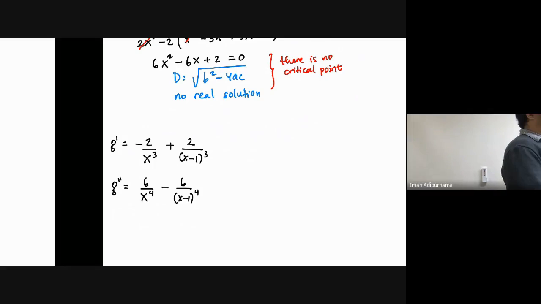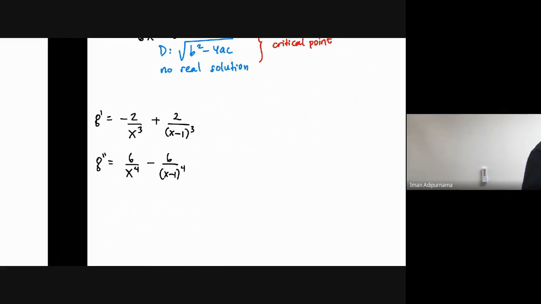If you want, you can check whether the function is always positive or always negative. This has an even power here, meaning when you put any number here it should be positive, right? This part.